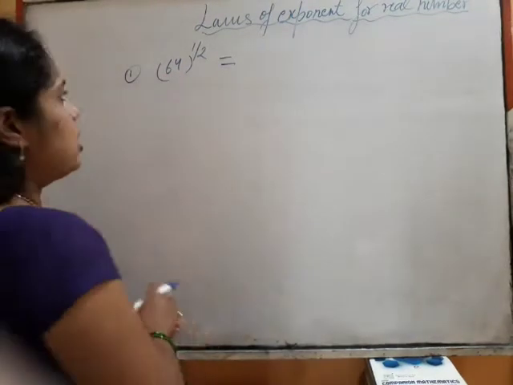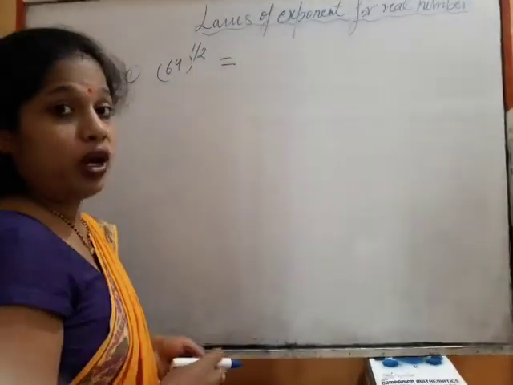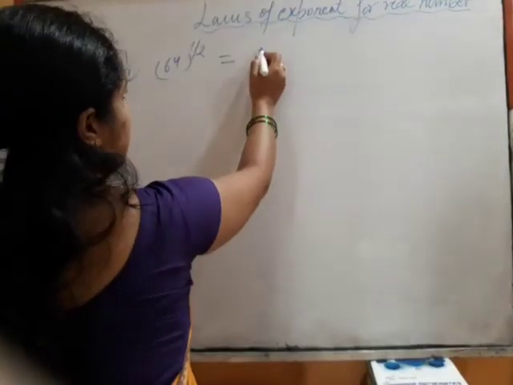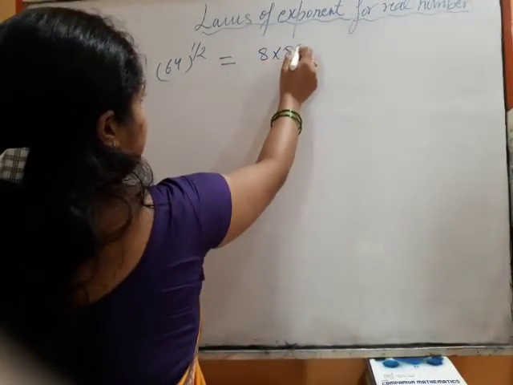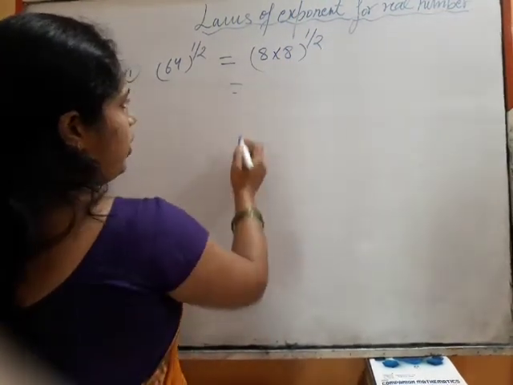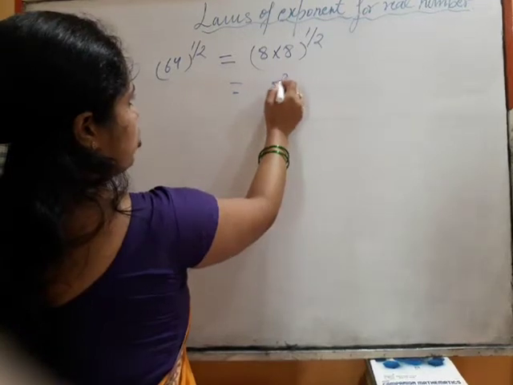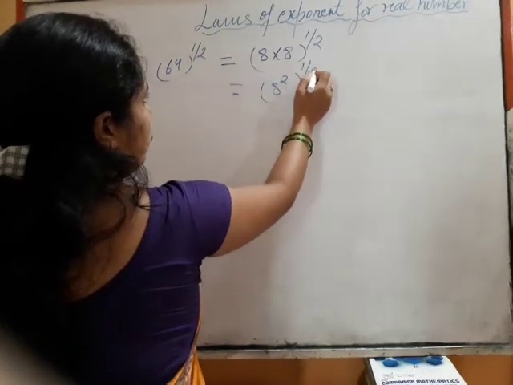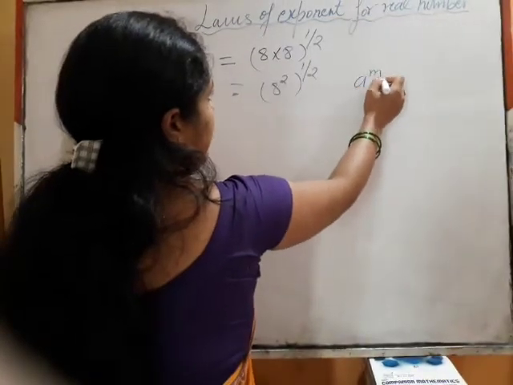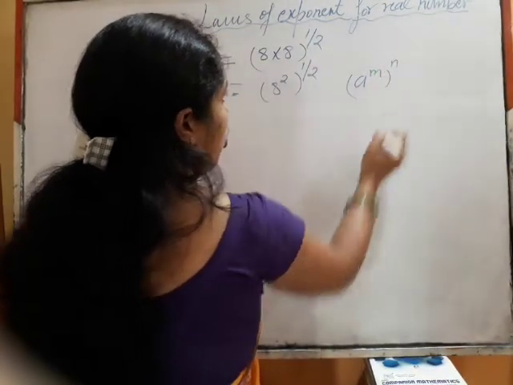So 64, how do we get 64? By multiplying 8 2 times. 8 into 8 whole raised to the power 1 upon 2. 8 into 8, or we can write 8 square whole raised to the power 1 upon 2. Now it has come to the form a raised to the power m whole n.